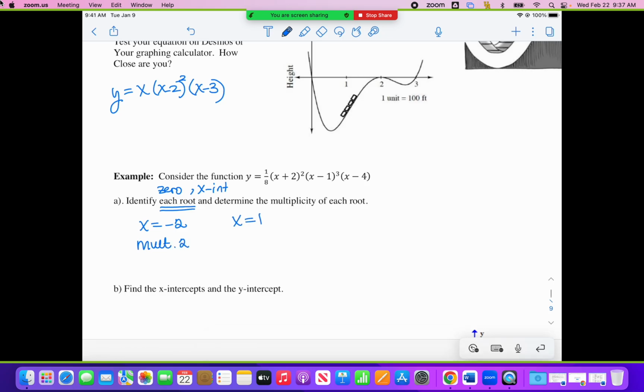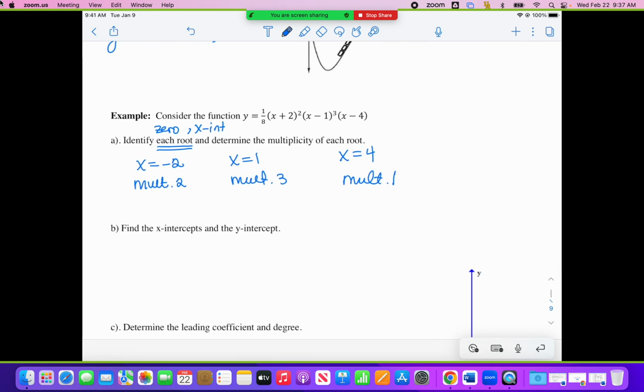I have x equals 1, it has multiplicity 3. x equals 4 has multiplicity 1. Now I'm going to show you what's happening when you get a third, okay? When you get that multiplicity 3.